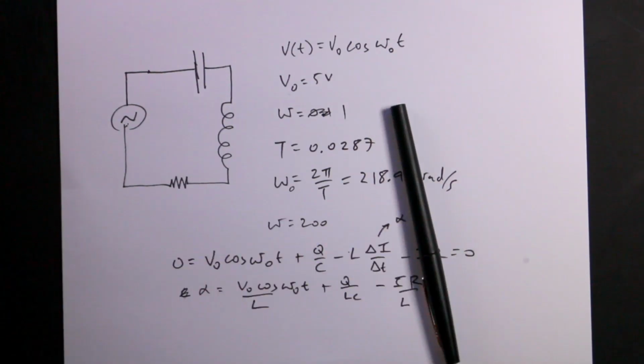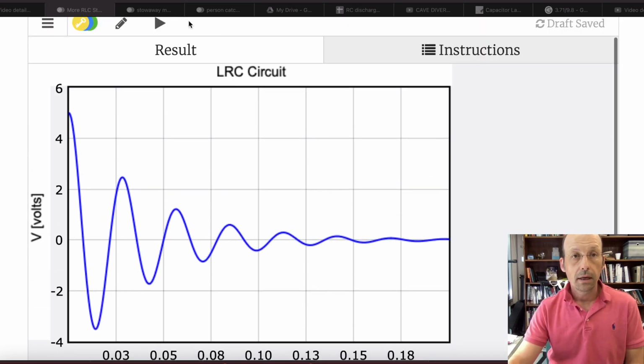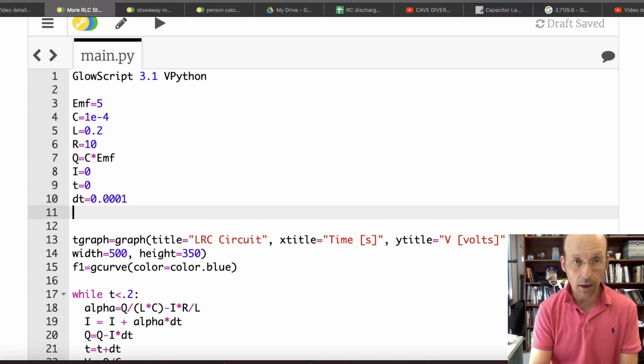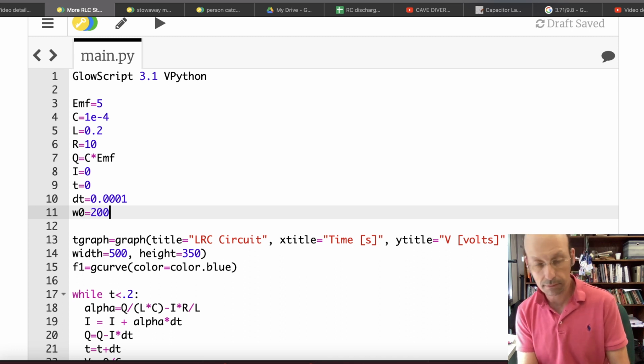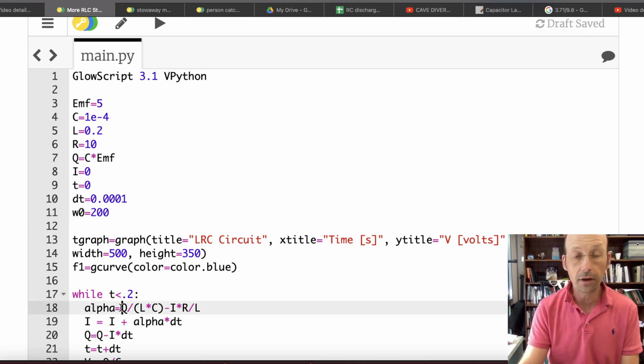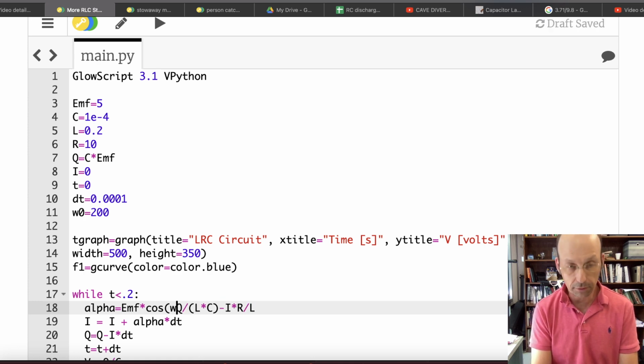So let's go up here, back to Python. And yes, I am going to give you the code because I care. Let's put up here omega 0 equals 200. I just picked something. And then down here, I'm going to say alpha equals V0, which is actually EMF, times cosine of W0 times t plus.